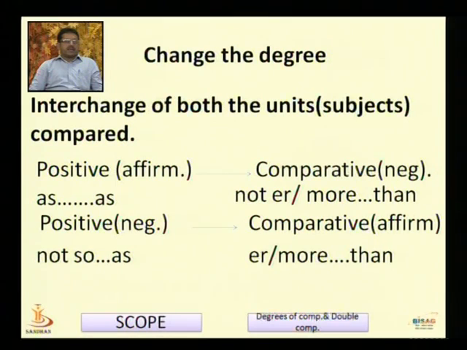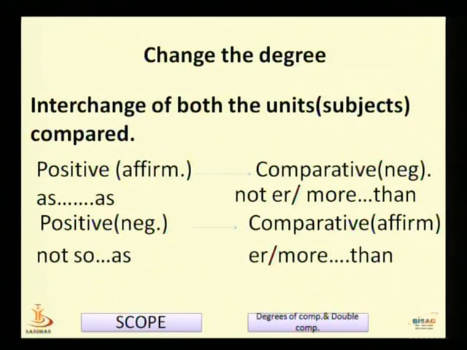When it is a sentence of positive degree and it is negative, then we use not so as. And when it is changed into comparative degree, it becomes affirmative, and then er or more plus than is used. Yes, now this slide is very important for you, dear friends, particularly in the examination also.